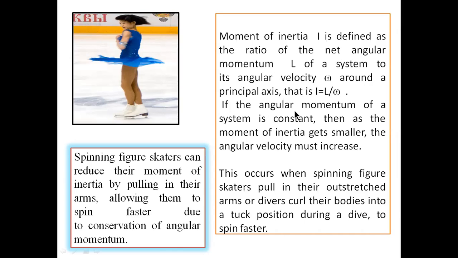If the angular momentum of a system is constant, then as the moment of inertia gets smaller, the angular velocity must increase. So this is the explanation for the spinning figure skaters. They use the moment of inertia. This occurs when spinning figure skaters pull in their outstretched arms or divers curl their bodies into a tuck position during a dive to spin faster.